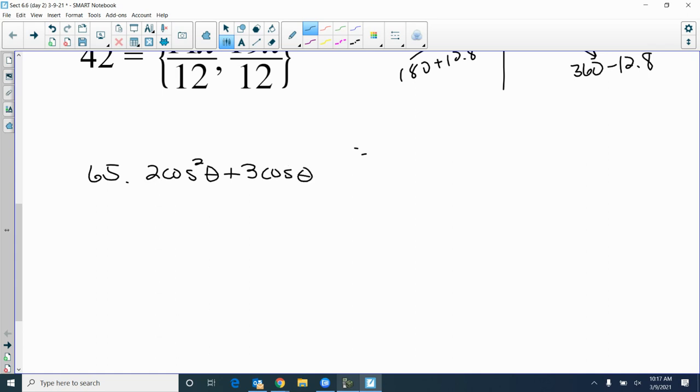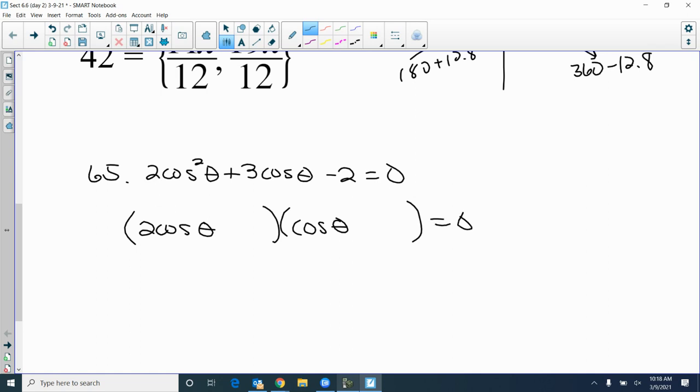And then I'm going to move the 2 over and make it minus 2. So it's got to multiply to minus 2. 2 cosine theta, and then let's see, what am I going to get? I think that's what it should look like. So fix that.